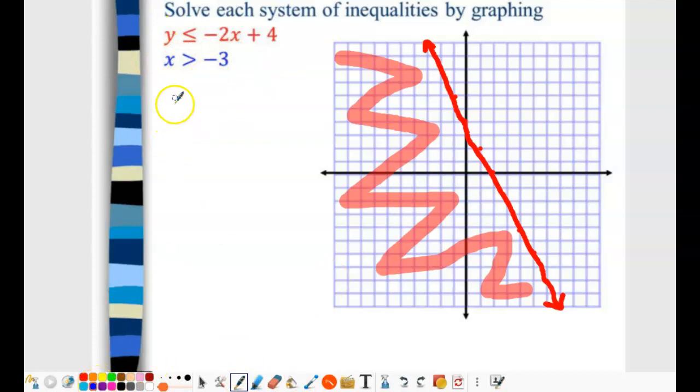So that blue equation is a vertical line. The slope of a vertical line is undefined because it's only going straight up and down, no left to right. So it goes through x equals -3. My line is dashed.